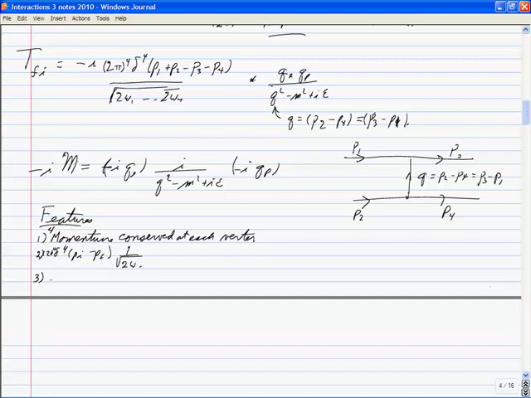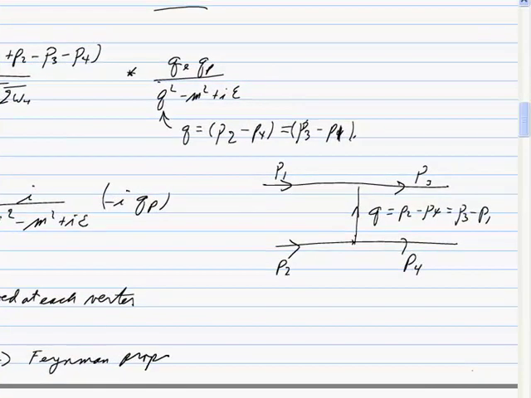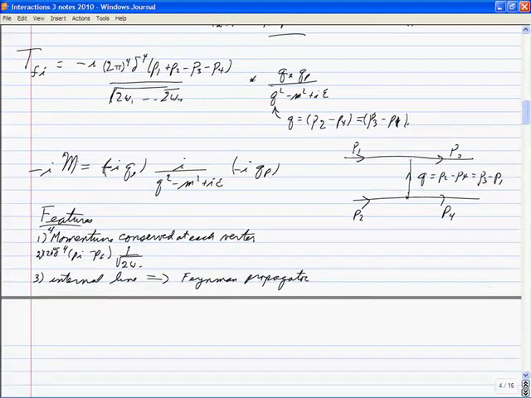But the main thing that we saw here is that the internal line became a propagator. Okay. So where we're headed is the rules: when I see this process, I just look at it and I say, this vertex is minus i q_e, this vertex is minus i q_p. That line in between is the propagator in momentum space.